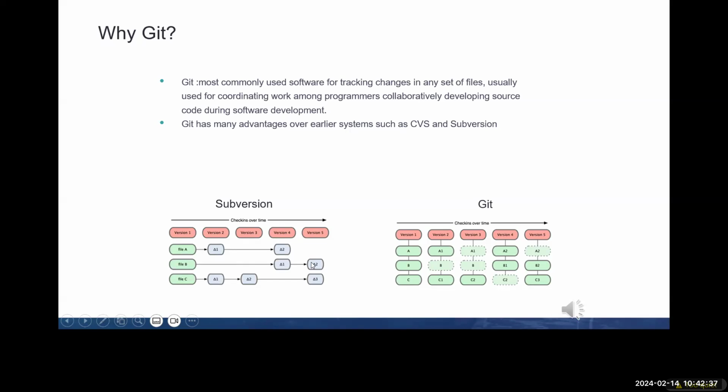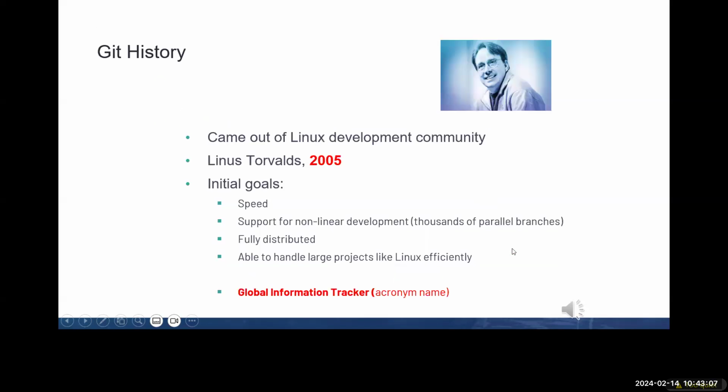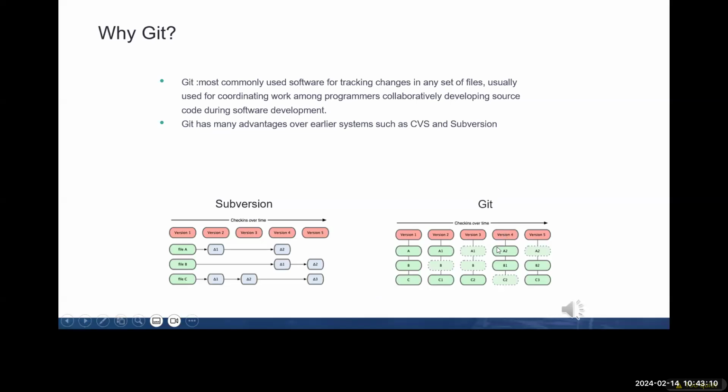Now for Git, we always have track of everything, A, B, and C, and we add some updates. So here, A1 is new compared to the previous version; A1 is the update done for A. And here A1 is the same, B is the same, and here A2 is added, or something added in this file, so in version 4 we have A2.